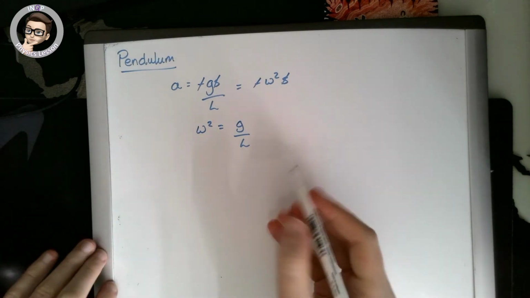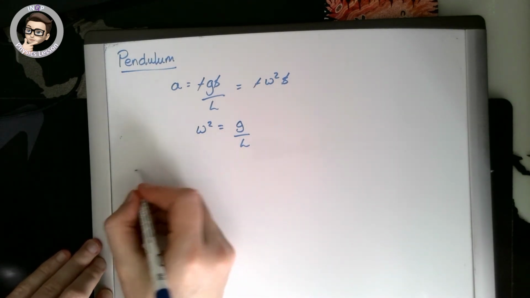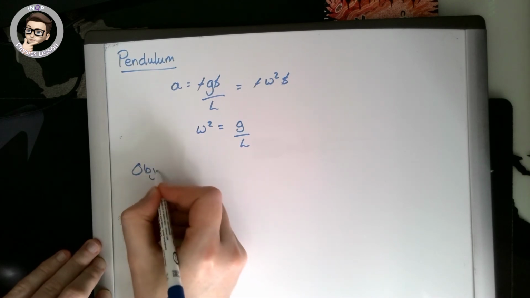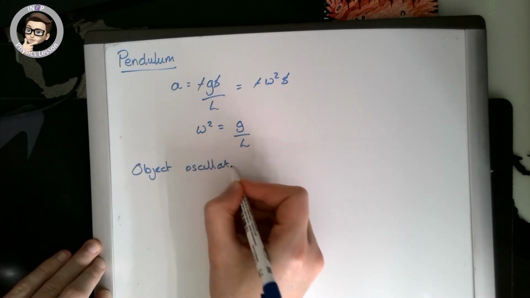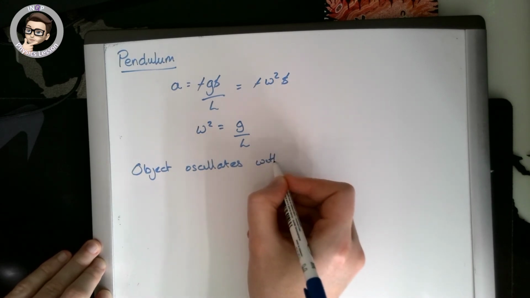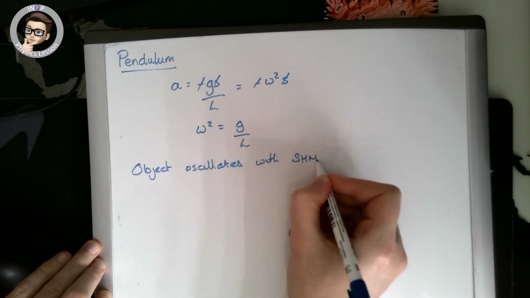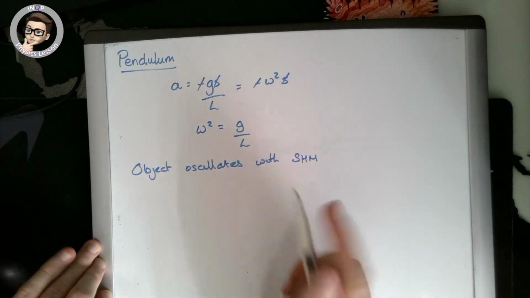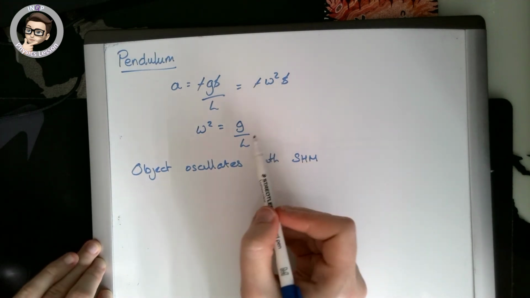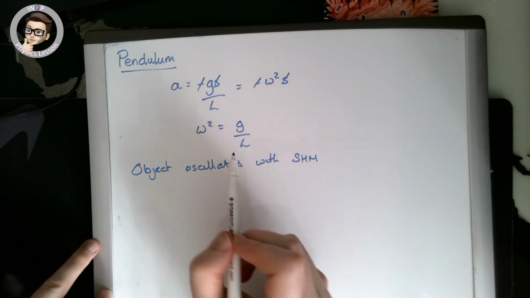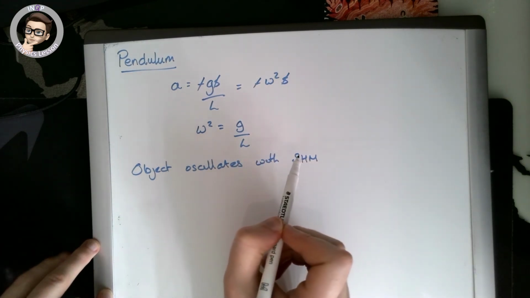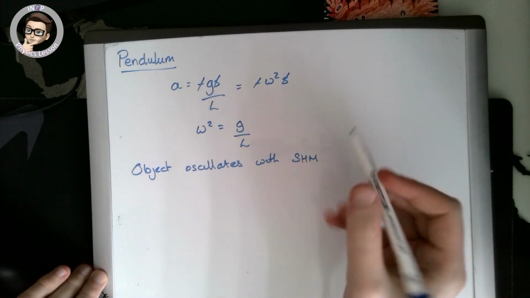So this object oscillates with simple harmonic motion because its acceleration is proportional to the displacement from the equilibrium and always acts towards the equilibrium. Okay.